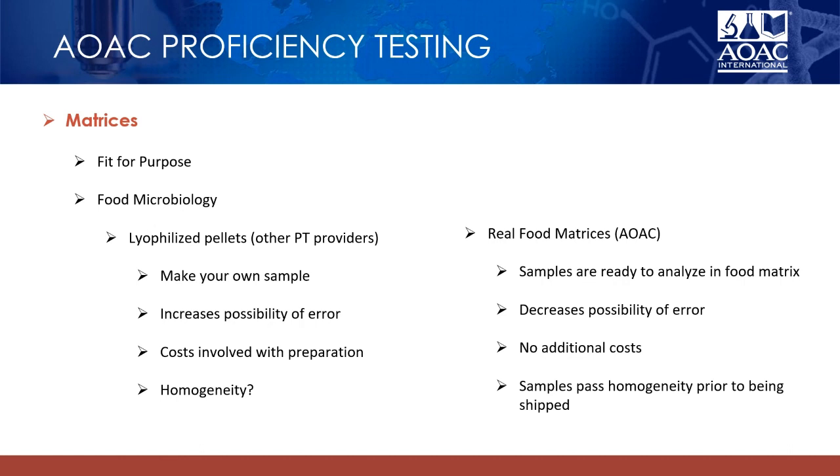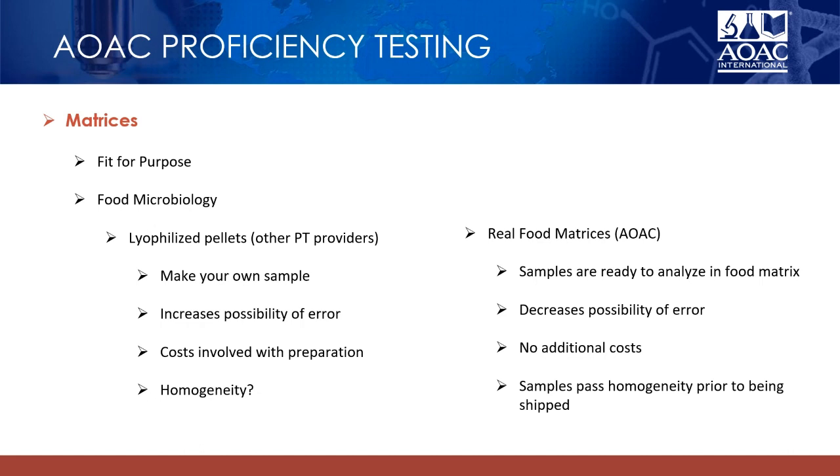Now let's talk about the matrices. There's a lot of proficiency testing programs, and there's a lot of matrices that are needed by the industry. However, it must be noted that while matrices are important, it's impossible to have a food matrix for every single type of food.